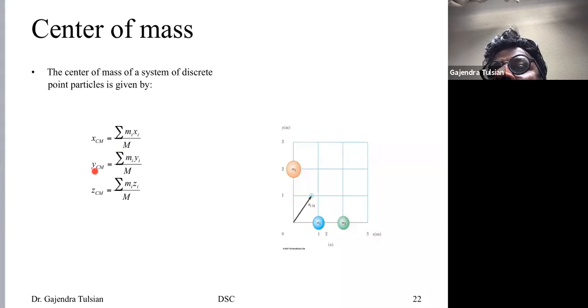And the y coordinate of the center of mass is the sum over each particle's mass times its y coordinate, divided by the total mass. So that's what these formulas show you, how to calculate the x, y, z coordinates of the center of mass of this object. Again, the important thing to notice is that the center of mass of an object can be outside the object.